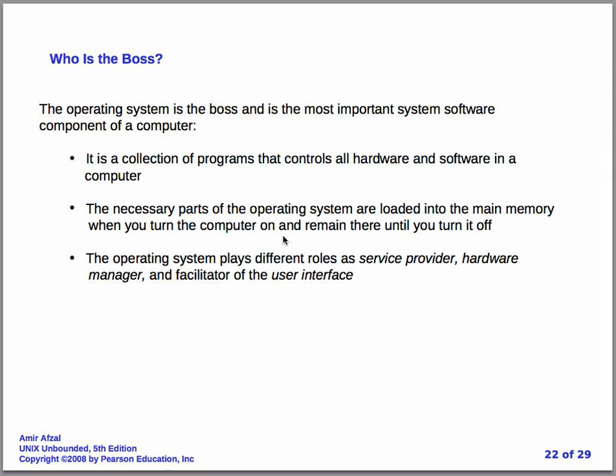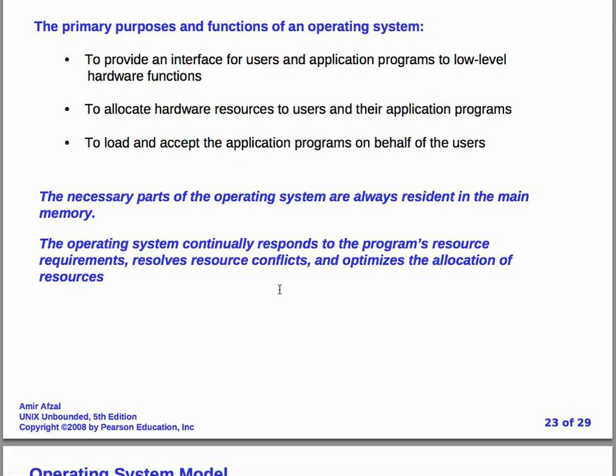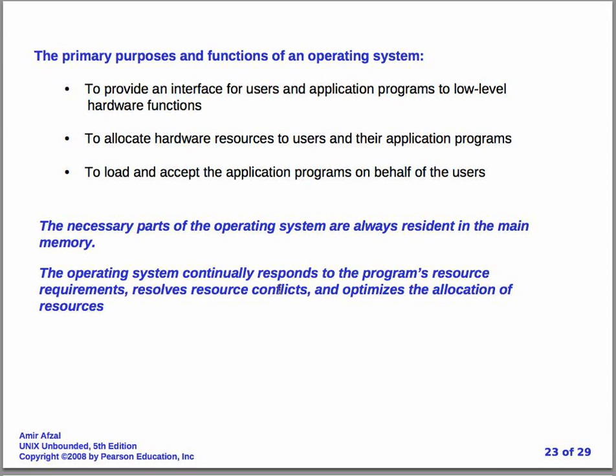Okay, so the operating system plays different roles as service provider, hardware manager, and facilitator of the user interface. What are the main functions of an operating system? It's mainly there to provide an interface for users and application programs so that they can access low-level hardware functions. Also, it allocates hardware resources to users and their application programs.